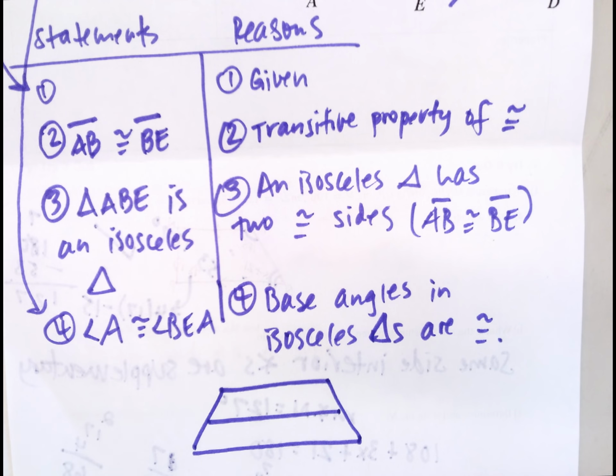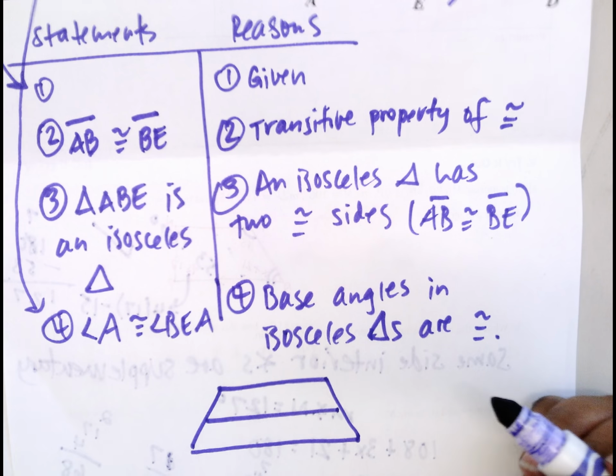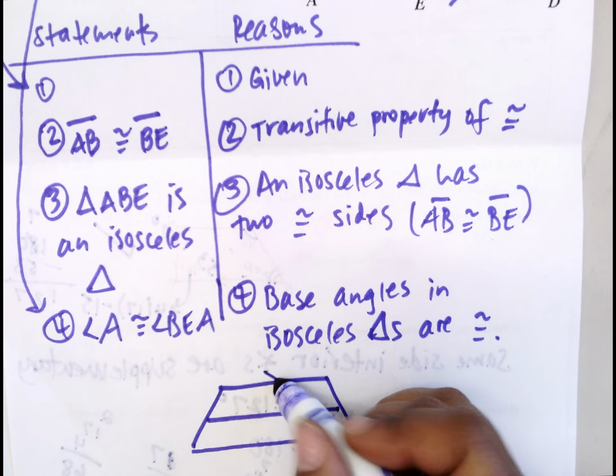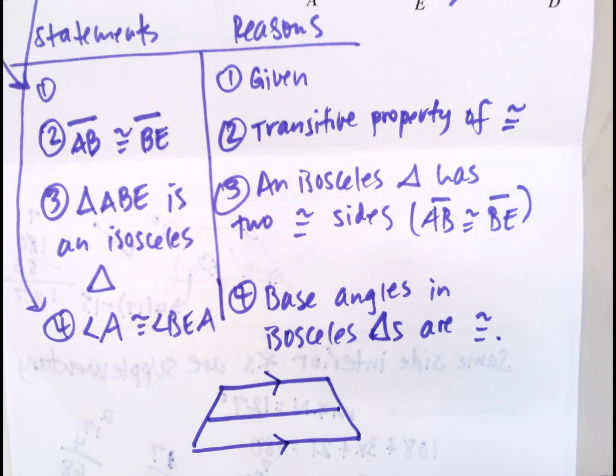And I'm just going to talk about that really quickly. So a trapezoid, like we said, is a quadrilateral, of course, 4 sides, and one or more pairs of parallel sides.